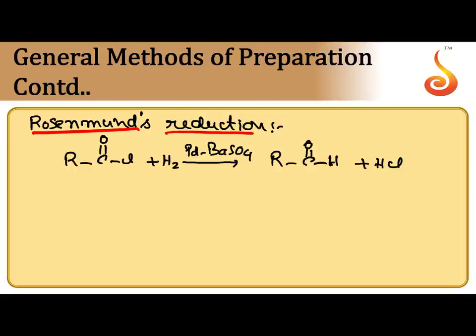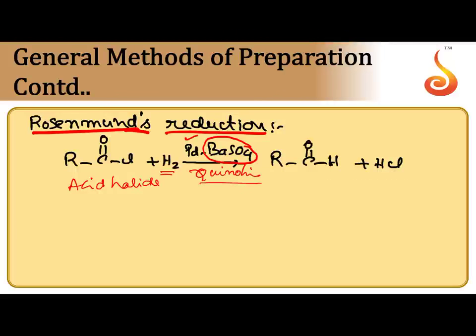Next one, Rosenmund's reduction. Name reactions are very important. This is acid halide. When acid halide is subjected to reduction by hydrogen in the presence of palladium, actually alcohol will be obtained, but the catalytic activity of palladium is suppressed by adding the catalyst poison barium sulfate in the solvent quinoline.